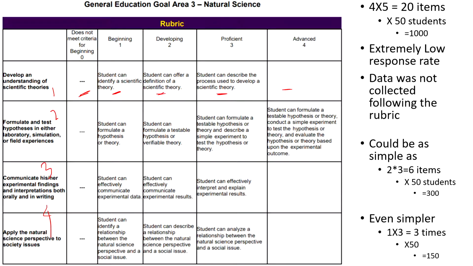And this is why. We probably offer 40 to 50 courses under this goal area. So if you have 1 learning outcome for each course, then you have at least 10 courses per learning outcome. If you have, let's say, 20 students, and collect 20 students' data, that is 80 responses.